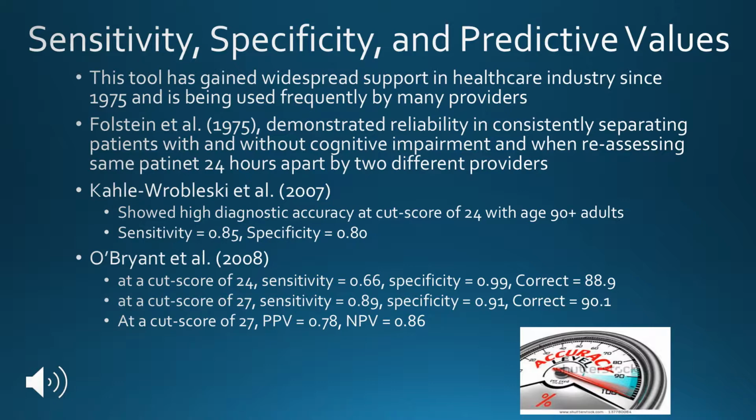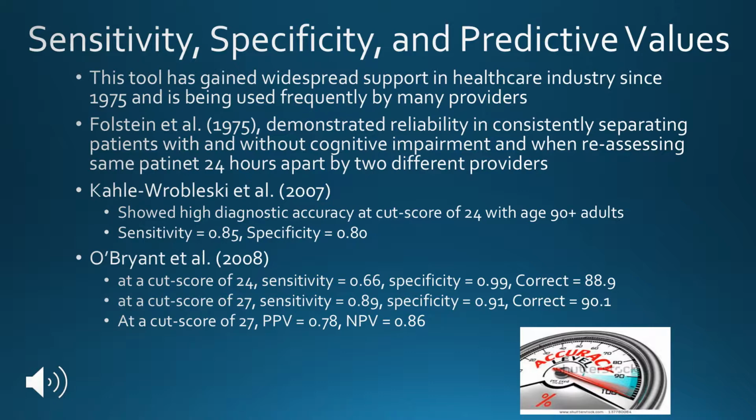They also decided to test at a cut score of 27, and they found the sensitivity to be 0.89 and the specificity to be 0.91 and the diagnostic accuracy to be 90.1% at this cut score.